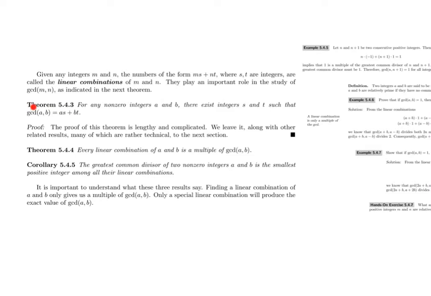So the theorem we're going to use now is: for any non-zero integers a and b, there exist integers s and t such that the GCD of a and b is equal to as plus bt. Whenever you write something of this form, we call it a linear combination.